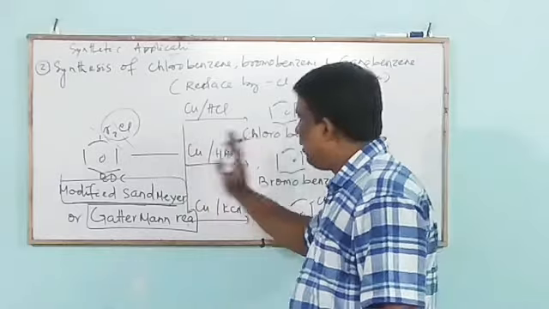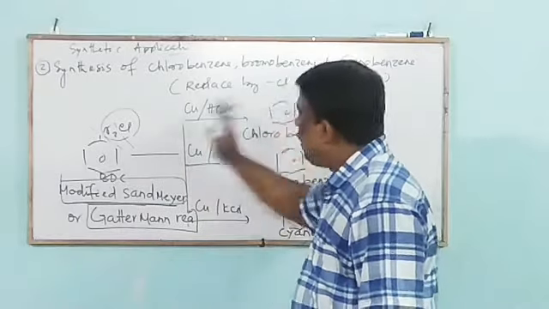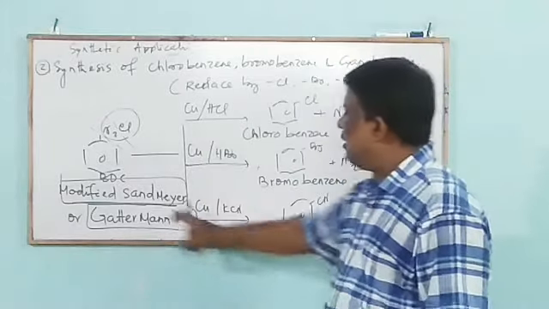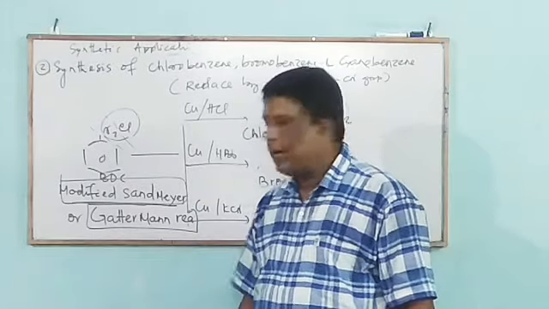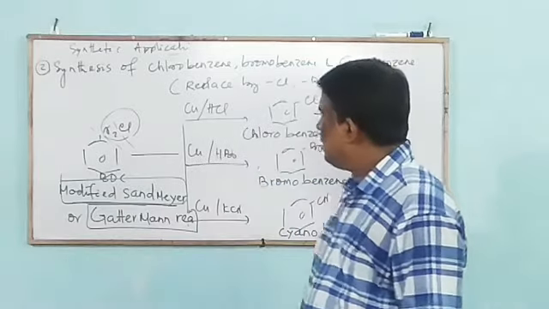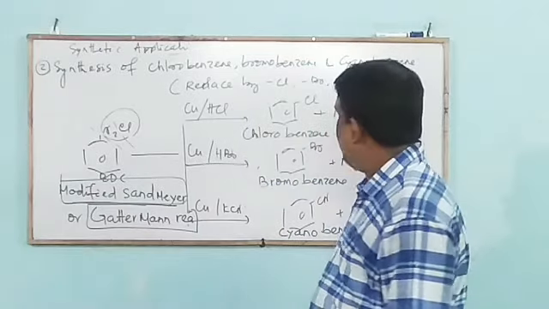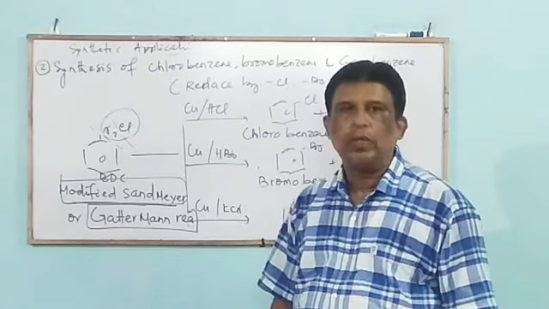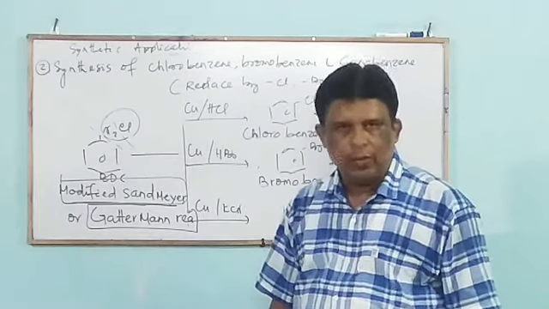If we use only copper powder, then it is known as the modified Sandmeyer reaction or Gattermann reaction. It is the synthesis of chlorobenzene, bromobenzene, and cyanobenzene. Next we move to the synthesis of iodobenzene.